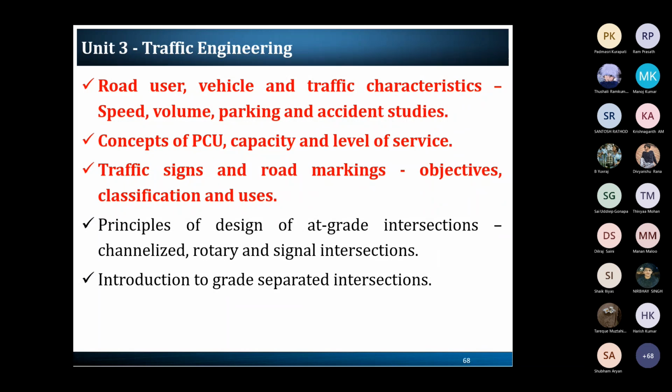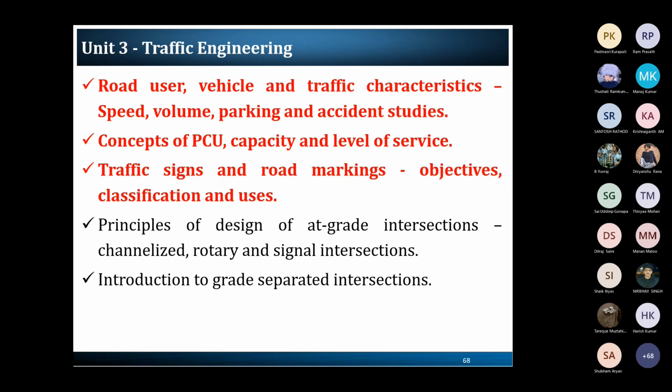So those facilities are divided into three levels. First one will be the short term level where we can provide the marking and the signboards. The second will be the upgrade level: intersection, channelizations, rotary and the signal.